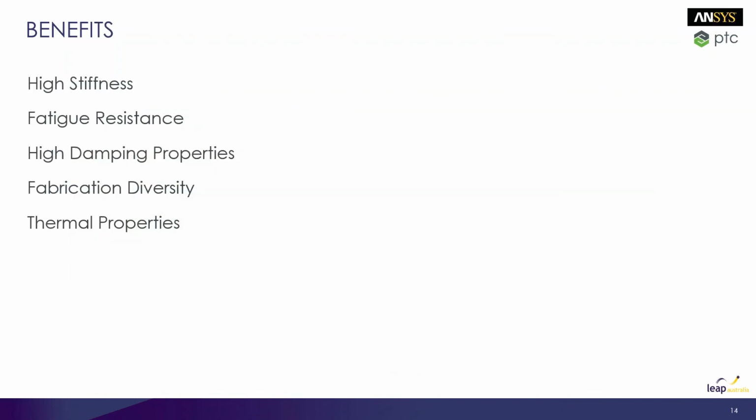There's a lot of other benefits. Just rush through them now. High stiffness. The Young's modulus of carbon fiber is about the same as steel and is about 2.5 times more than aluminium. So that's good because the elastic region is where you want to be operating your vehicle in, obviously. So that stiffness is really critical to your performance. So fatigue resistance, also very, very good. High dampening properties.